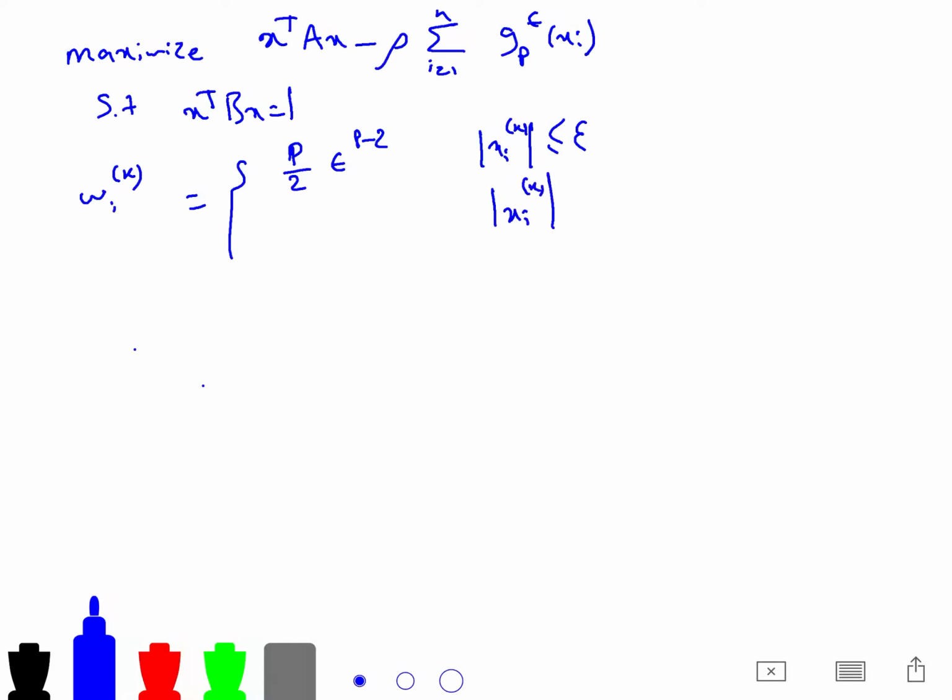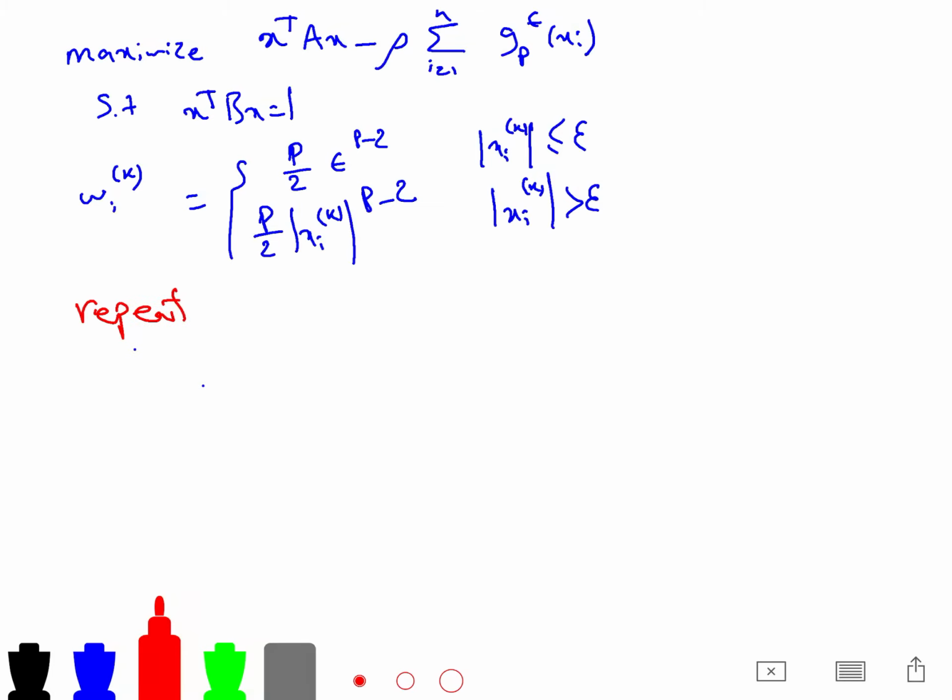And if it is not in the epsilon neighborhood, it becomes x_i at point k to the p minus 2. So we omit C because it is irrelevant for our majorization-minimization, minorization-maximization, and we get the quadratic regularization. So we repeat.